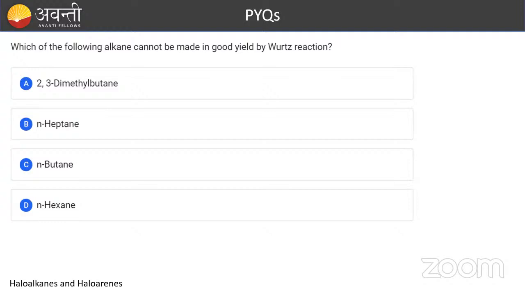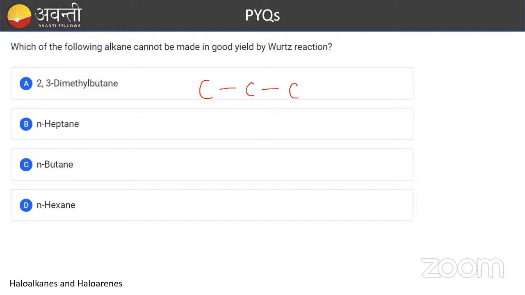Very good. So I told when I was teaching the Wurtz reaction that only symmetrical alkanes can be prepared using the Wurtz reaction, right? Symmetrical alkane means an even number of carbons containing alkane. So here in option A, we have 2,3-dimethylbutane.